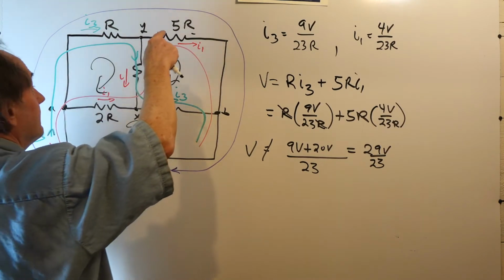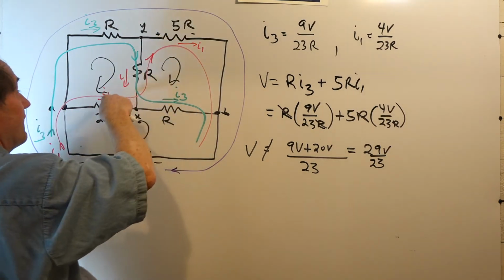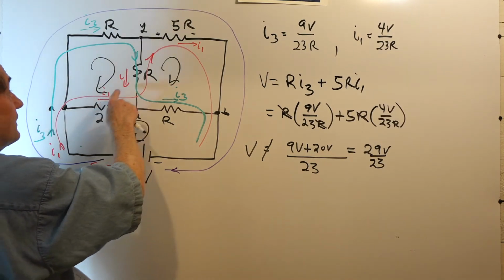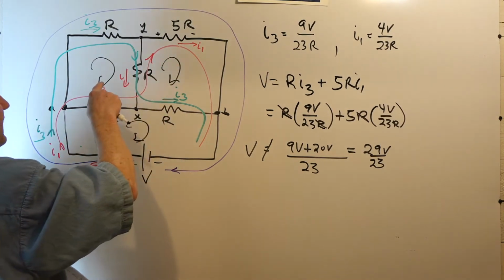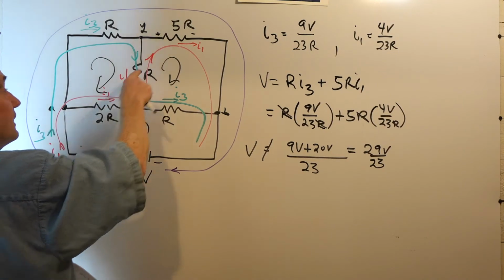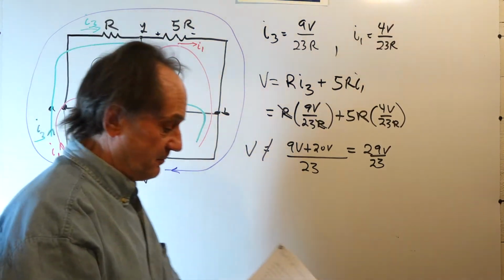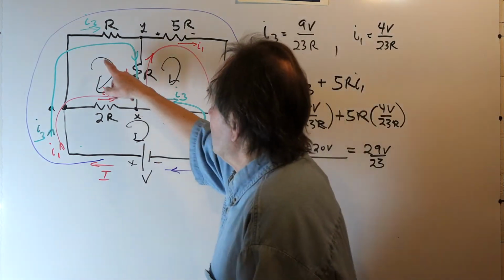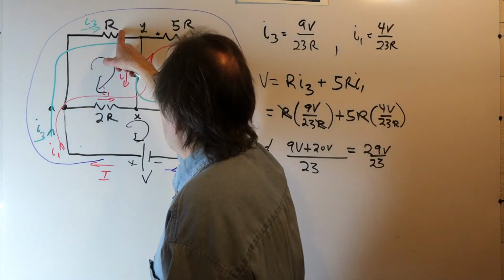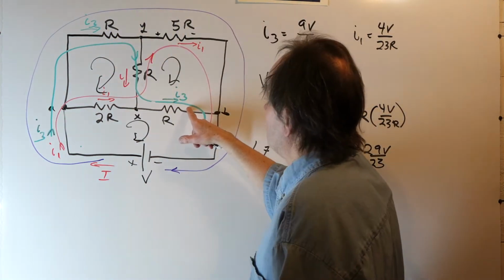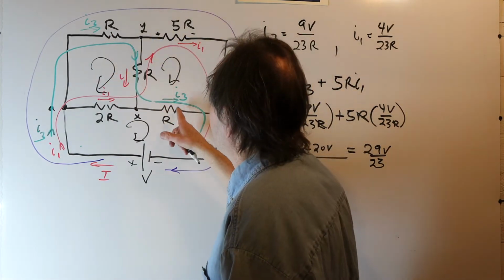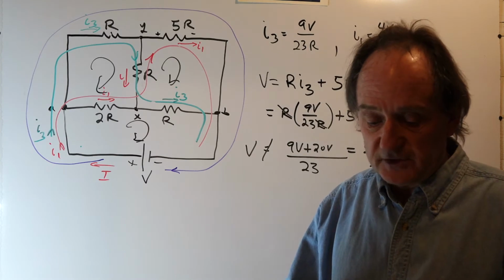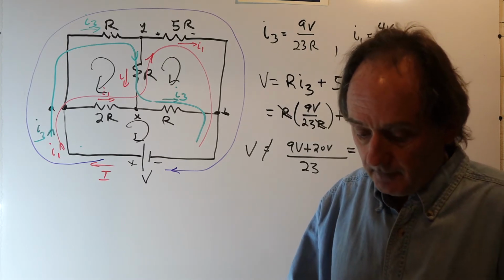We have imposed, in this case, a symmetrical nature to it. We have forced the current in both of these resistors to be identical by doing that. And the same thing, I3 is the only current flowing here, and I3 is the only current flowing here. So again, we have forced the currents to be identical in those two resistors.